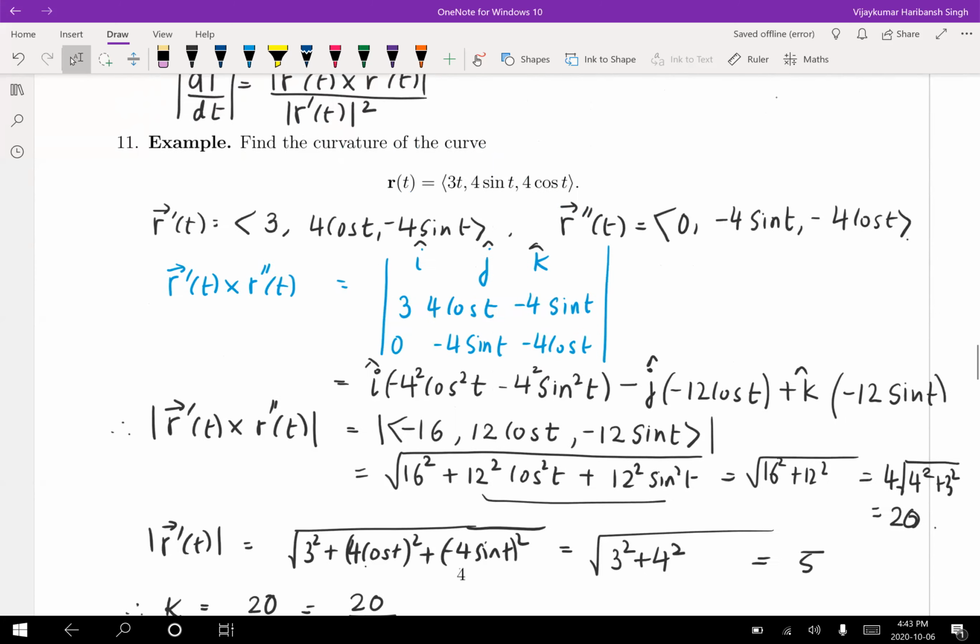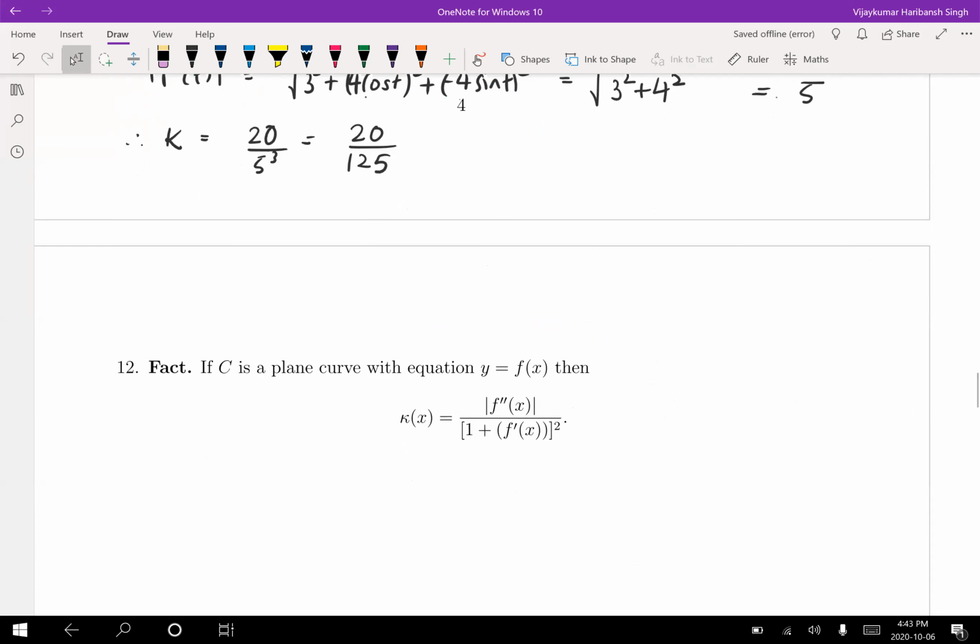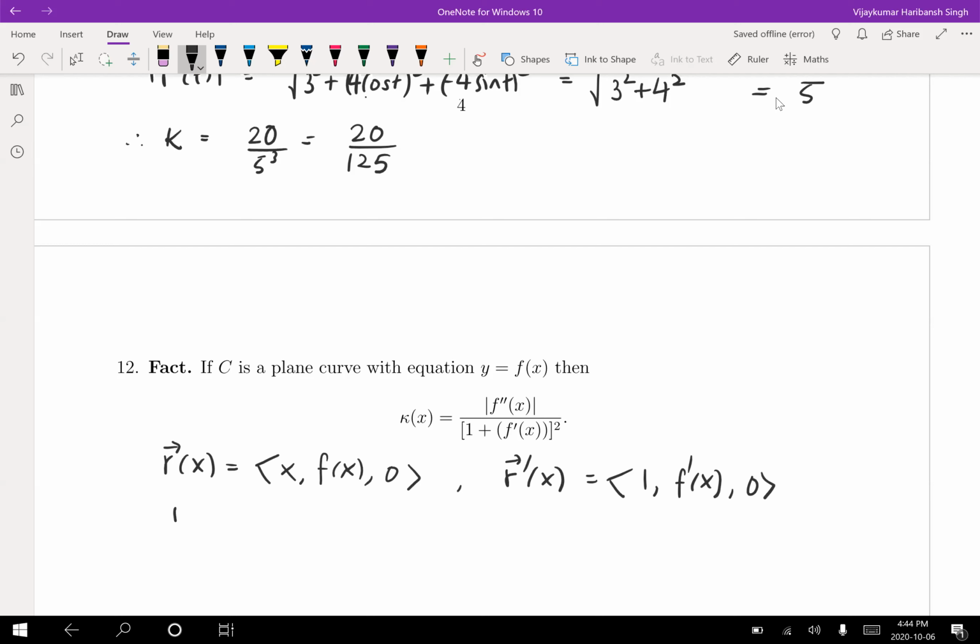Same formula here. So first we need to have r of x. So r of x, we'll parameterize in terms of x instead of t. So the x coordinate is x, then f of x, and then the z coordinate is 0. Now we need r prime x. r prime x is going to be 1, f prime x, 0, and r double prime x is going to be 0, f double prime x, 0.